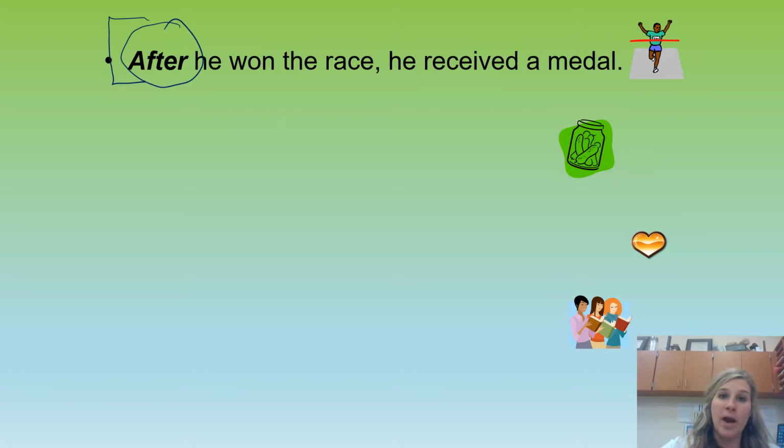So I want you to put some brackets, those are like squared parentheses, around the dependent clause, after he won the race. It's not a complete sentence by itself. The reason it's not a complete sentence is because of that subordinating conjunction. However, you've got he received a medal, which is a complete sentence, and it's the independent clause. Let me show you another example.